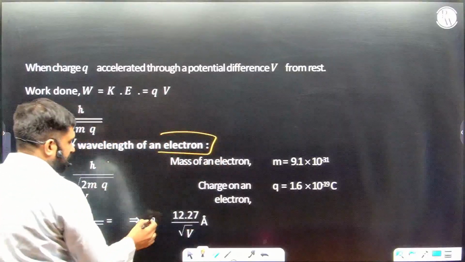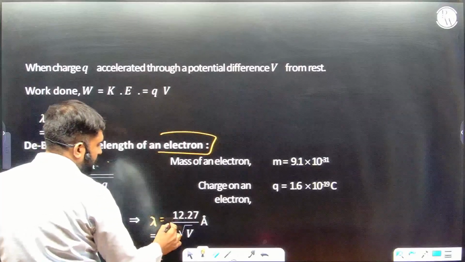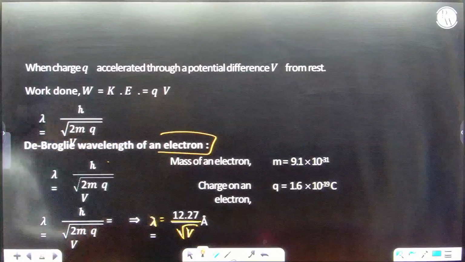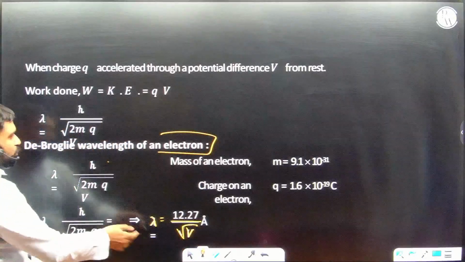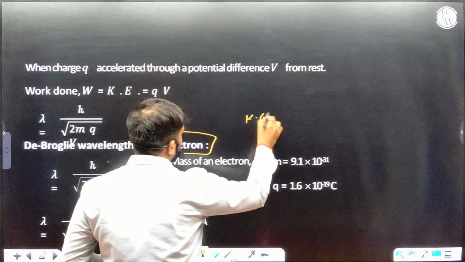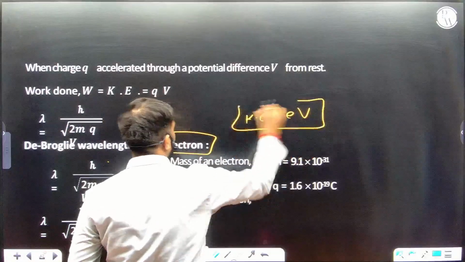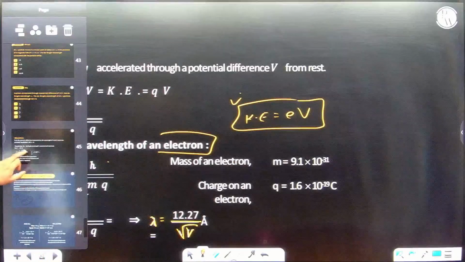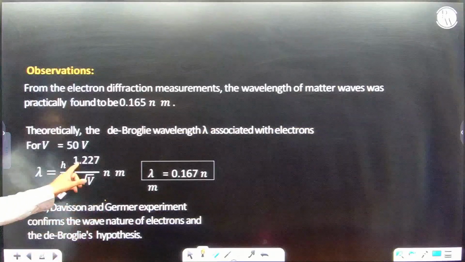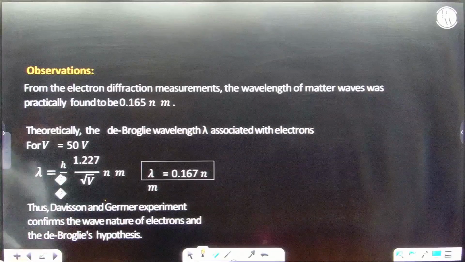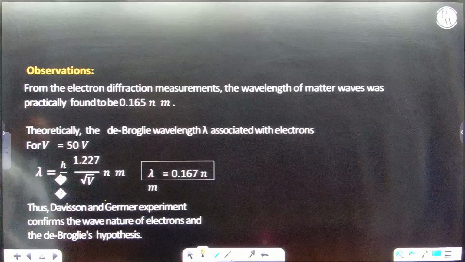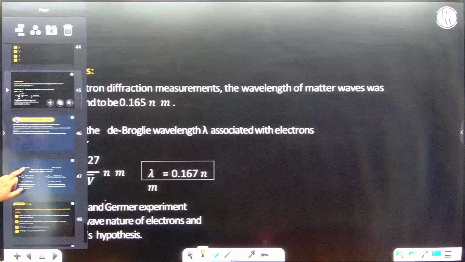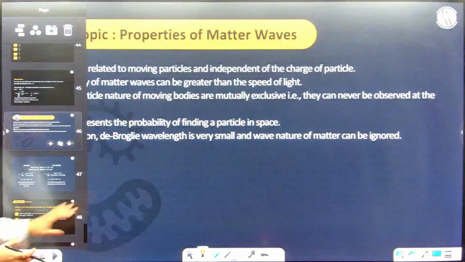The de Broglie wavelength is directly related as 12.27 angstrom upon root of the applied voltage. Why? Because the applied voltage can give you the required kinetic energy. Kinetic energy will be e into the applied voltage. So using that, I got the de Broglie wavelength. The observation here, for the electrons, if V is 50 volts, they are getting the wavelength as 0.167.